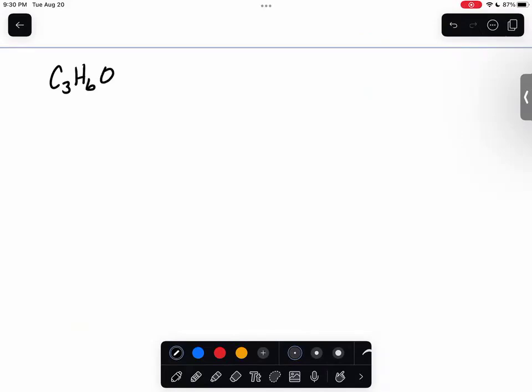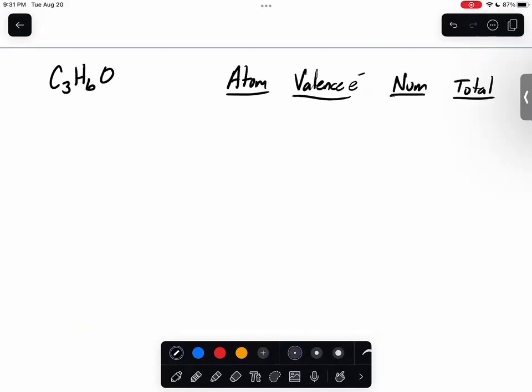C3H6O. Now you'll notice that all I did here was I added in another carbon. But if we use that same chart that we had used before, where we were looking at the atoms, the number of valence electrons, the number of atoms themselves, and then that total electron count, what we'll find is we still only have carbon, hydrogen, and oxygen.